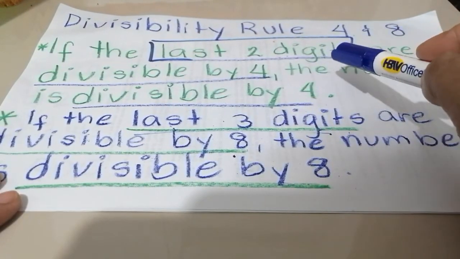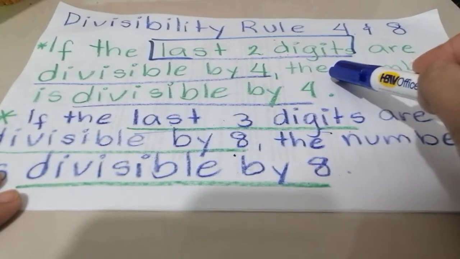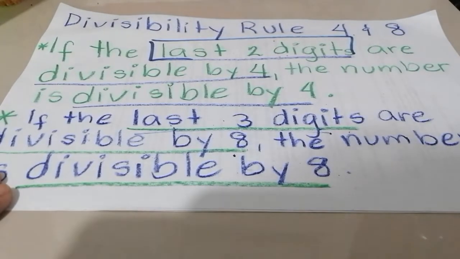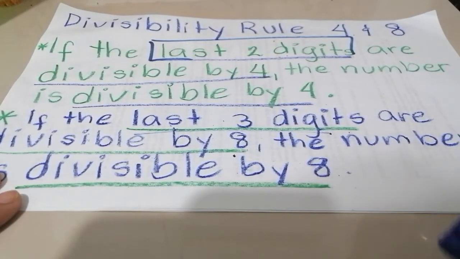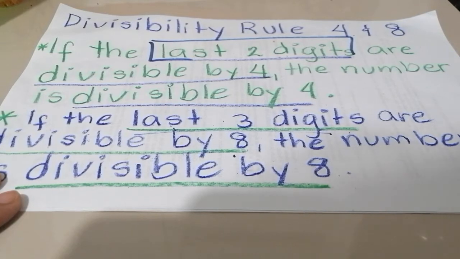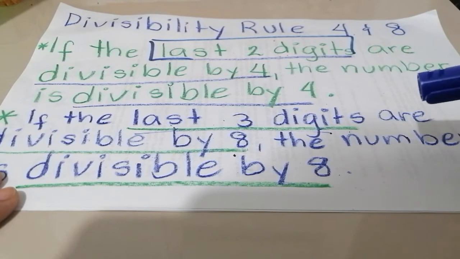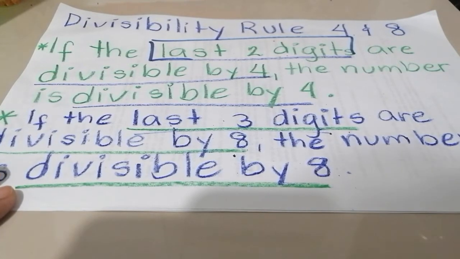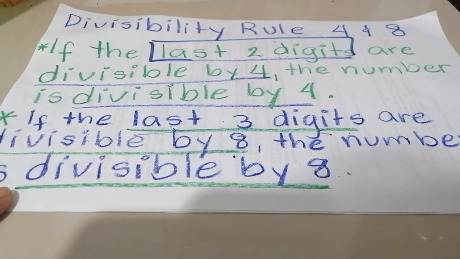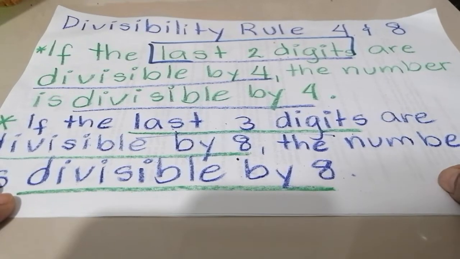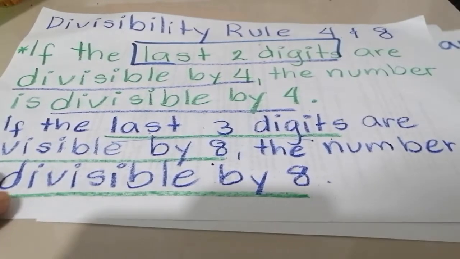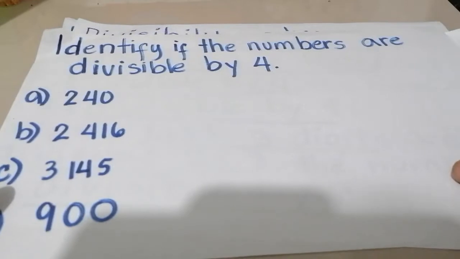Kung yung last 2 digit number na yun ay divisible by 4, meaning, pag dinivide mo siya, ay whole number, wala siyang remainder. Or in other words, ang remainder ay 0, then yung number na yon ay divisible by 4. So to further understand that, let's do some exercises.